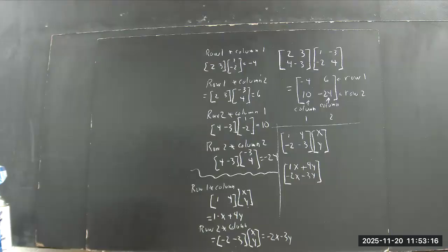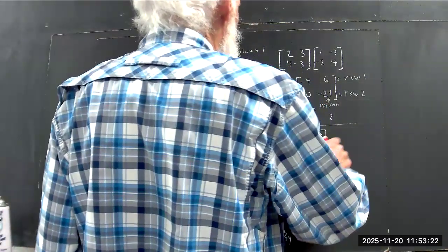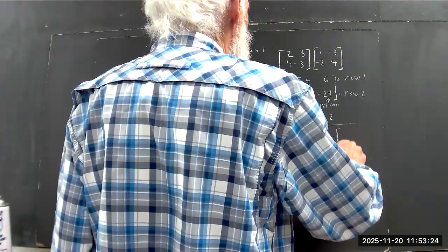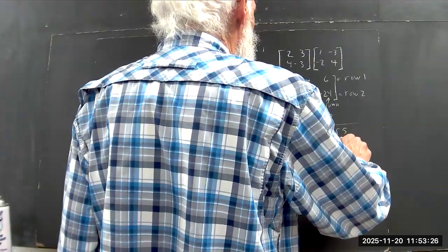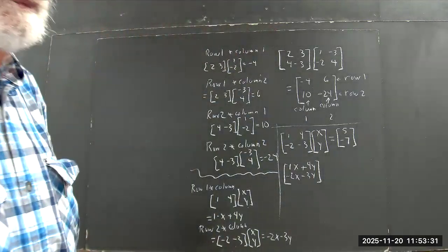Okay. Now, let's say that I have an equation. I say that this equals 5, -7.